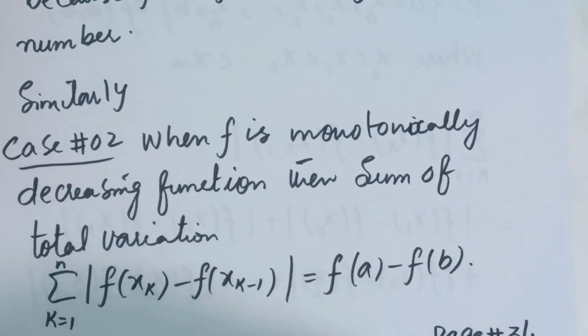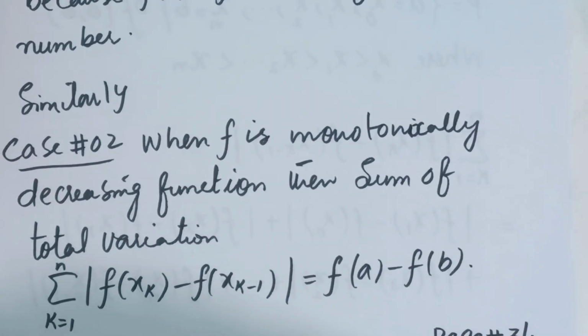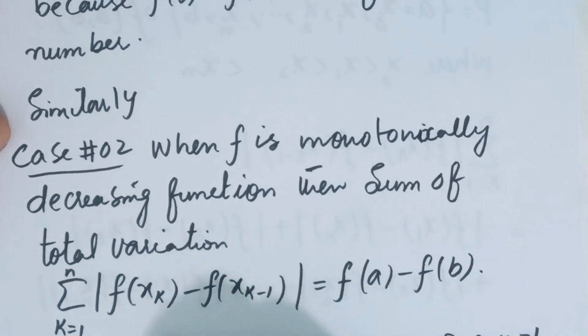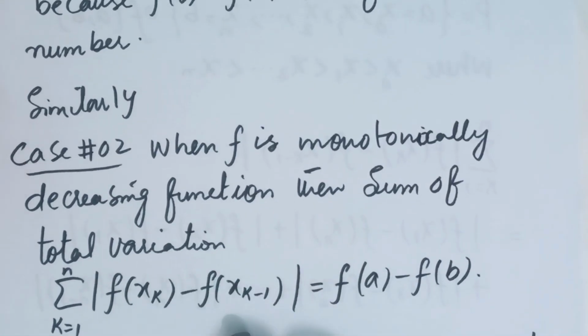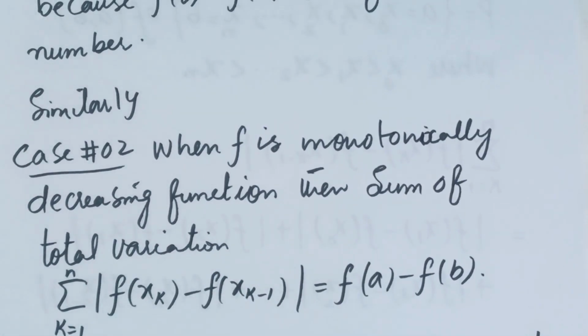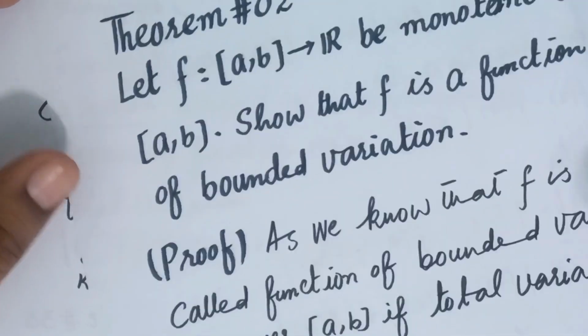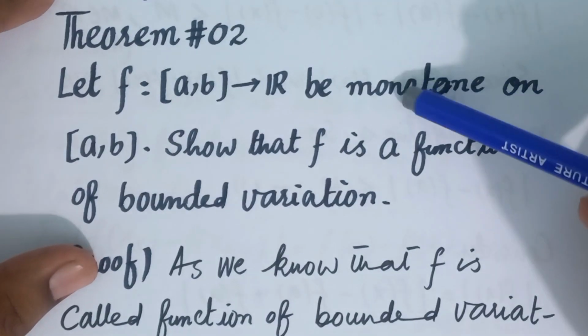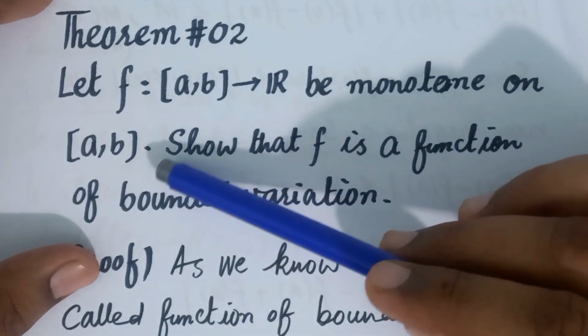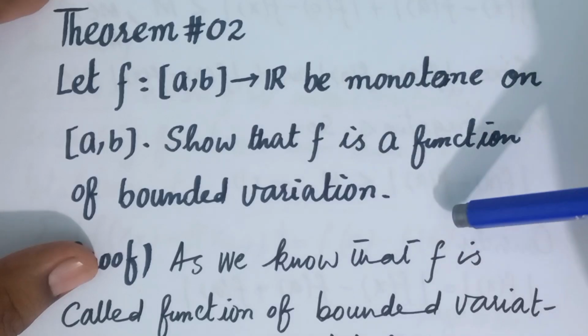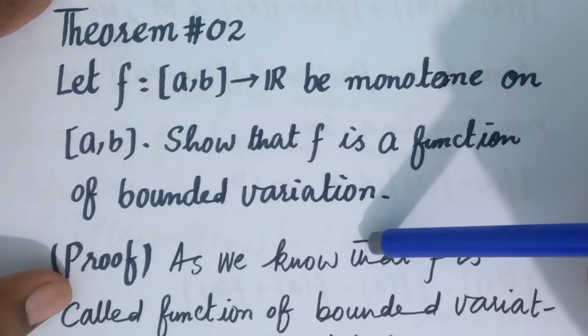So in both cases, our sum of total variation is bounded. So we have proved that if f is a monotonic function on a closed interval [a, b], then f is a function of bounded variation.